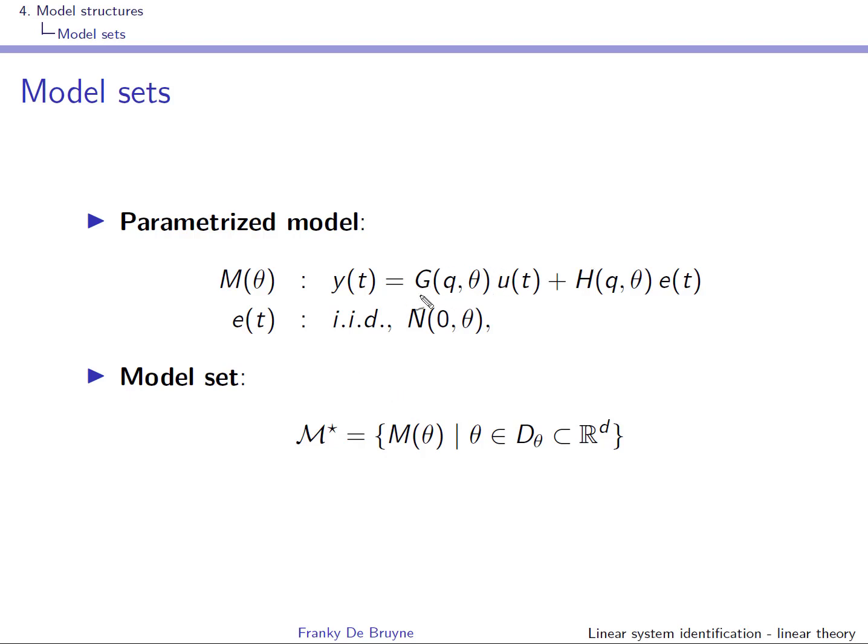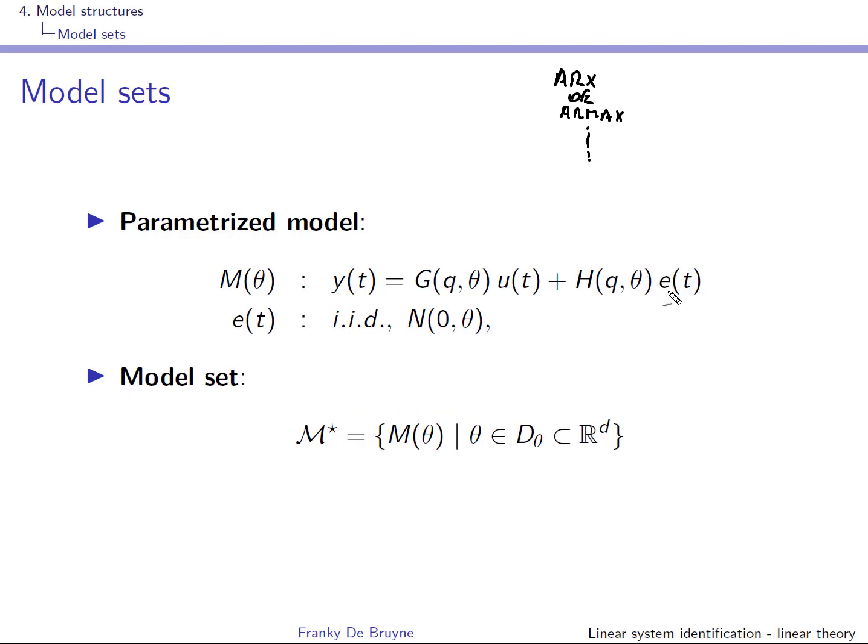We'll see in the slides that follow that there will be different ways of representing G(q, theta) and H(q, theta). This will lead, for instance, to ARX models, output error models, ARMAX models, and so on, right?